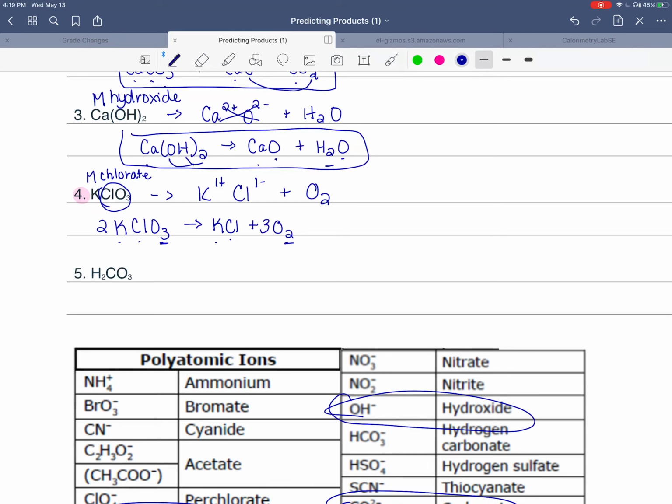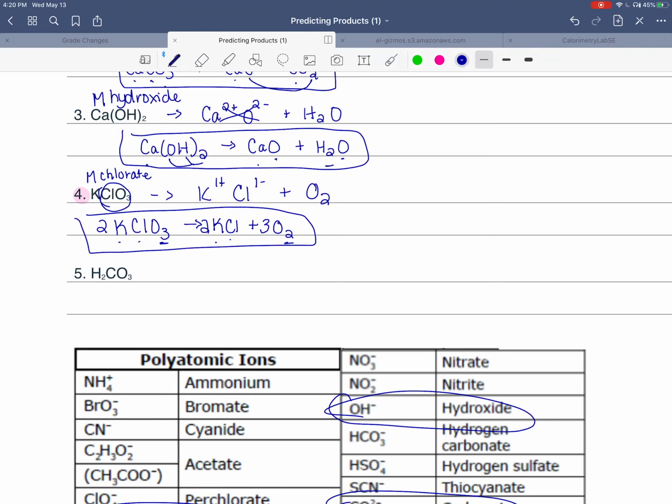Remember, it is O2 because it's a diatomic molecule. Once we double the potassium chlorate, then we have to double the potassium chloride on the other side. That makes that equation balanced.